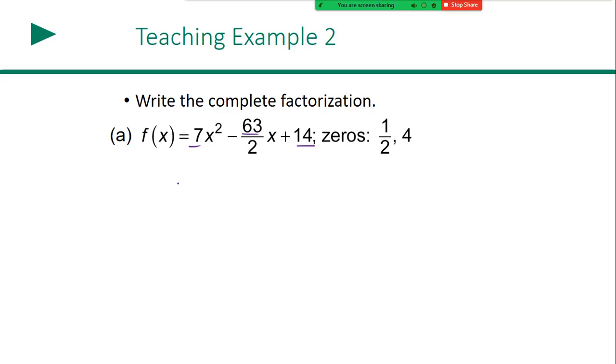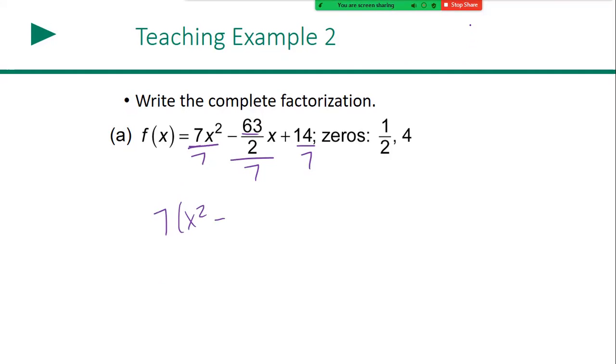So I divide everything by 7, including this double decker here. When I divide everything by 7, I'm left with 7, and I have x squared minus what's 63 divided by 7. Well, 63 halves divided by 7.